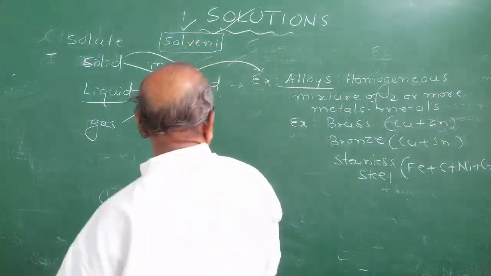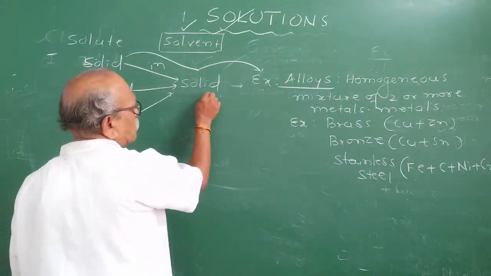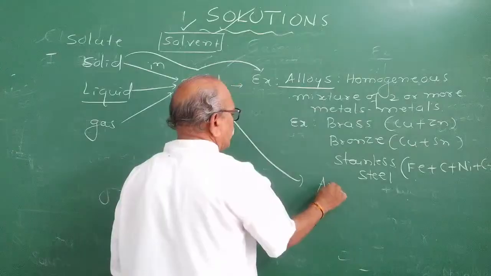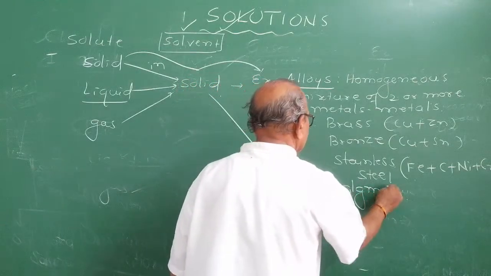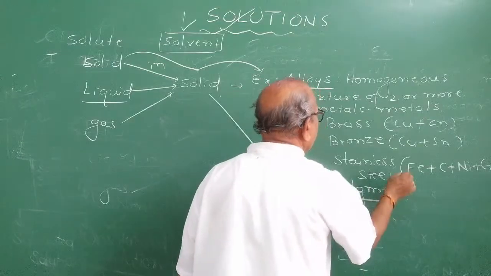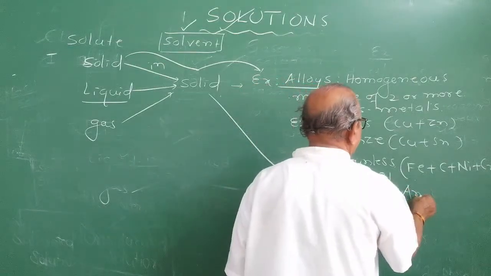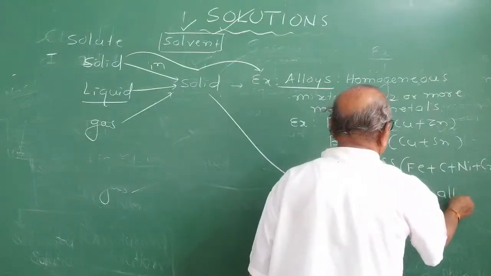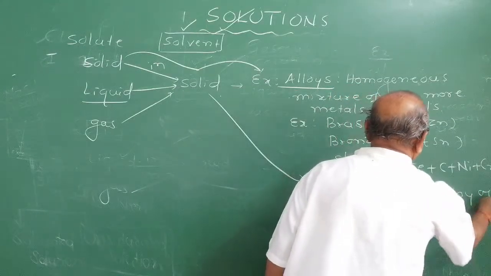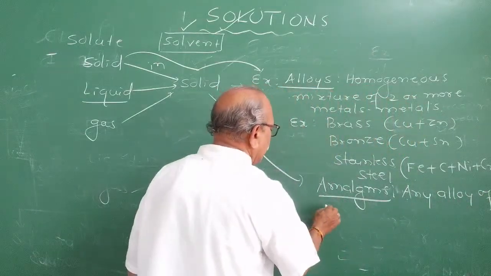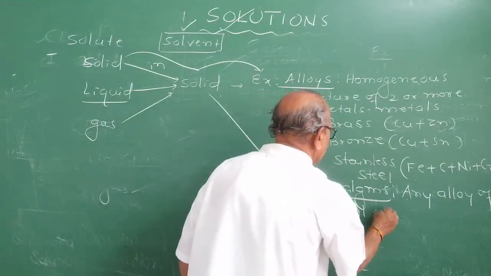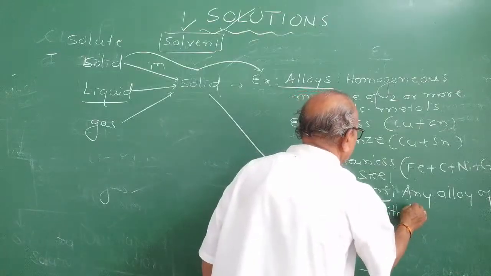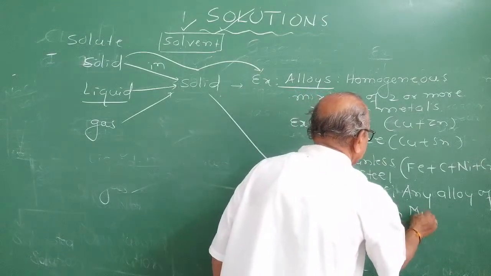Generally, there are some alloys called amalgams. What are amalgams? Have a note of it. Any alloy of metal, remember this one, any alloy of metal with mercury, Hg.